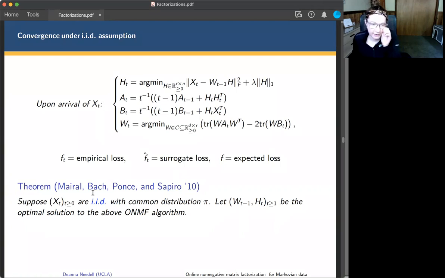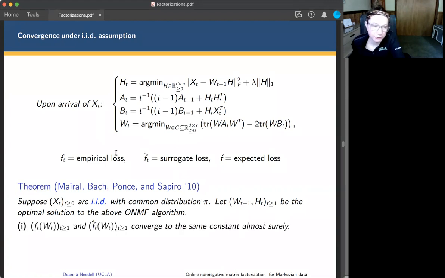and this is the algorithm that was shown to have some convergence guarantees for the IID case. This group of folks back in 2010 proved that if your data is IID with common distribution pi, and you're learning your factors according to this above scheme, which is quite practical, then the following guarantees hold.